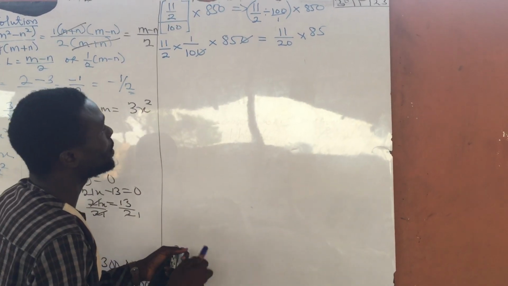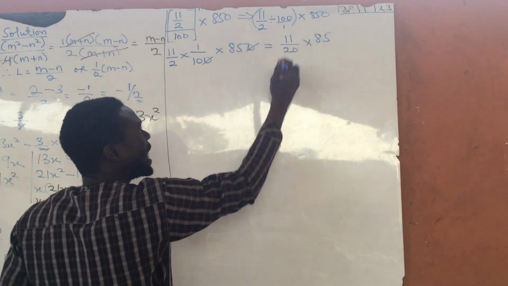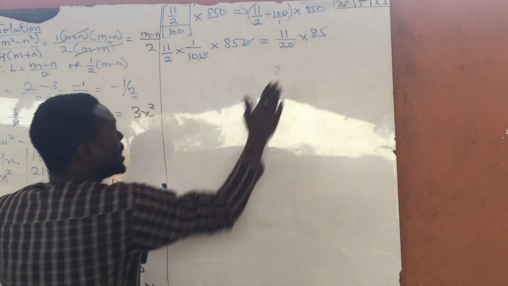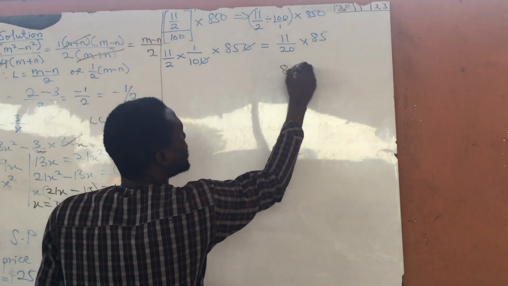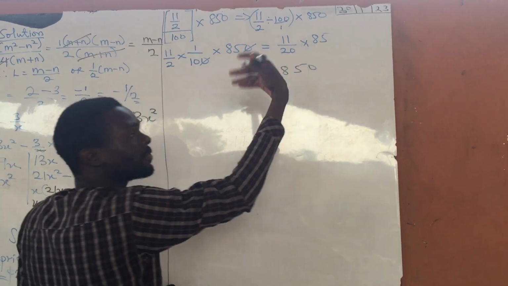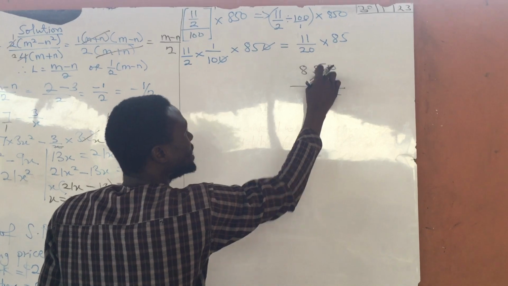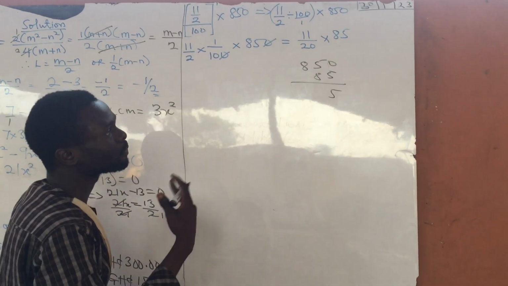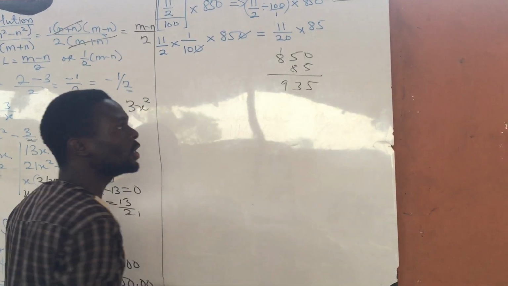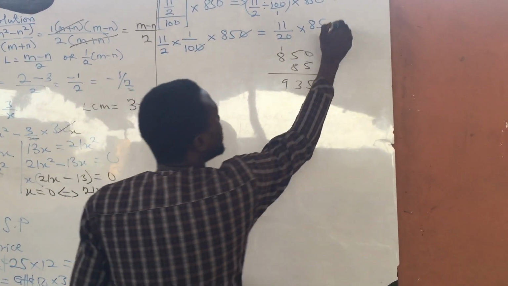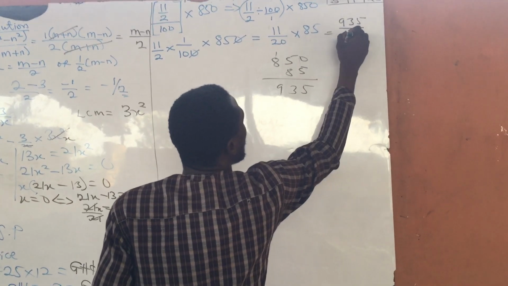So let's see the multiplication here. Multiplying 85 by 10 will give you 850. And multiplying 85 by 1 will give you 85. This will give you 5. This and this is going to give you 13. Remember 1, giving you 90, giving you 935 all over 20.